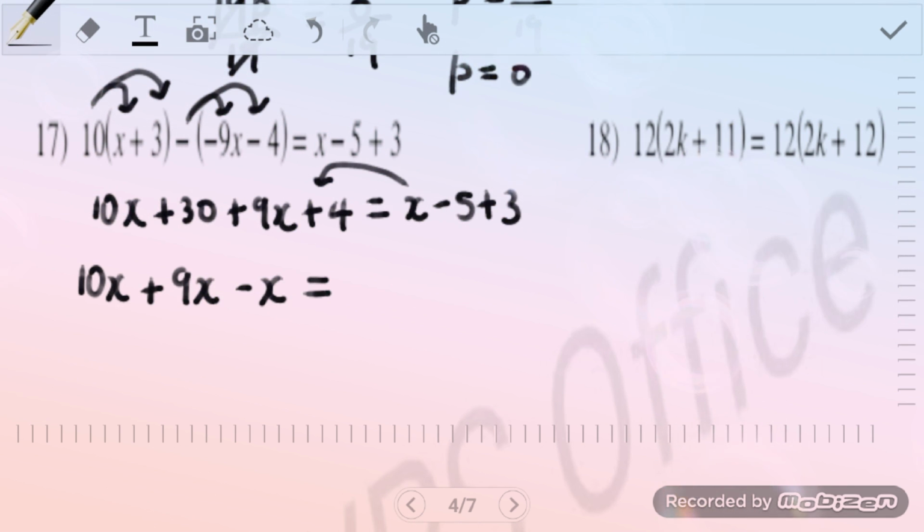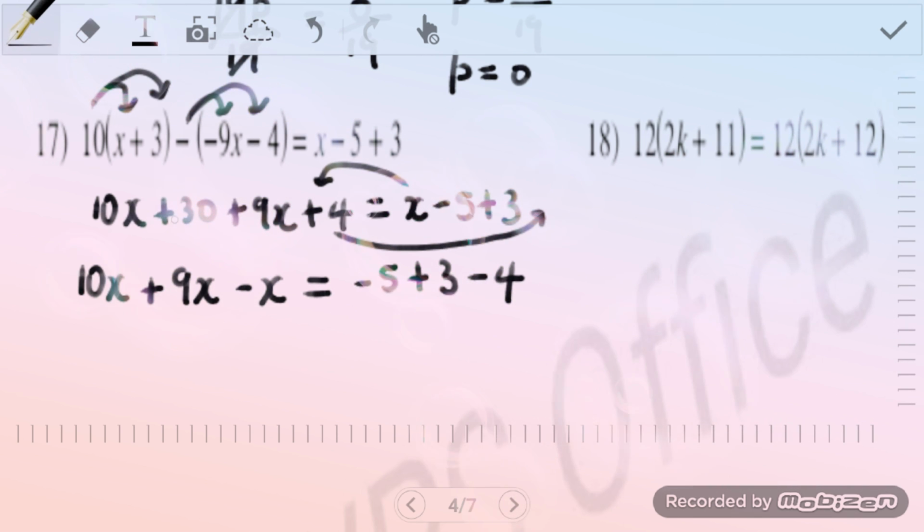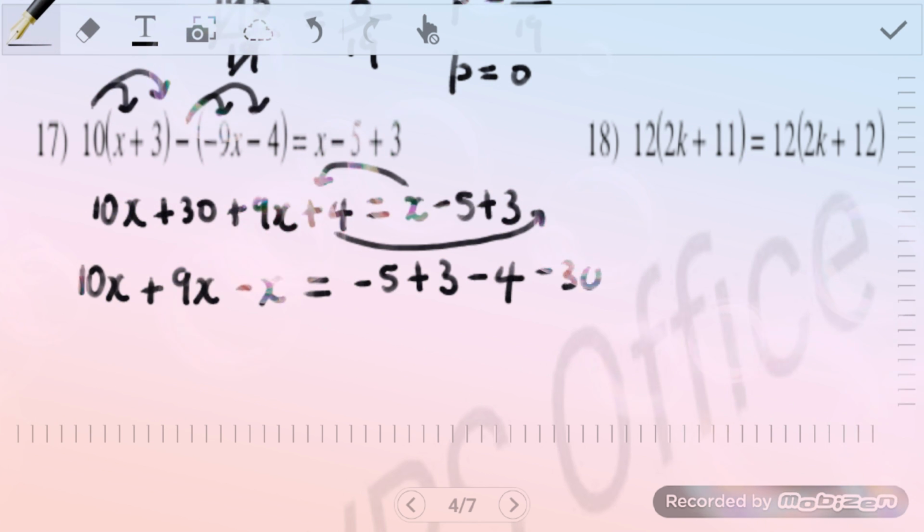I have all my x's on one side. Now I'm going to put all my numbers on the other side. So I would already have the -5 over here, and I would already have the 3. I would then go ahead and move the positive 4 over here. So that's -4. And I would also move the positive 30 all the way over here to get -30.